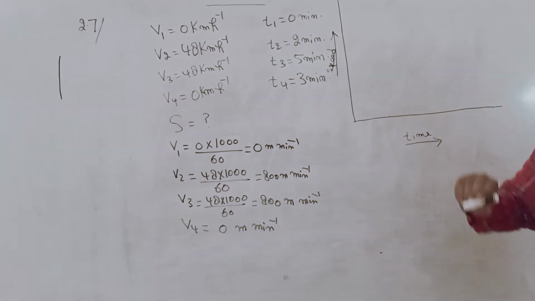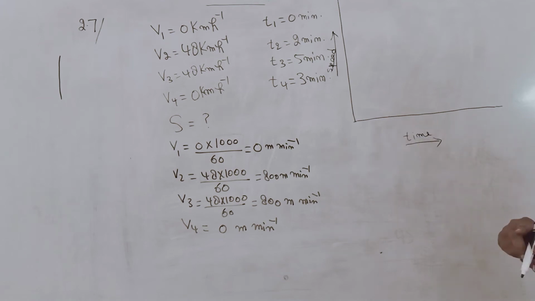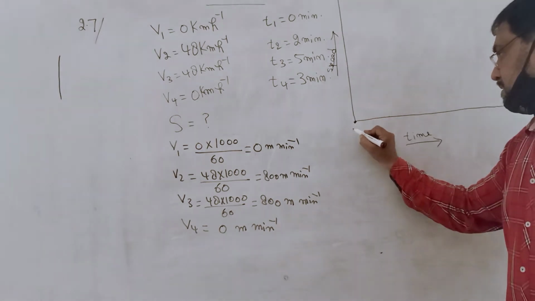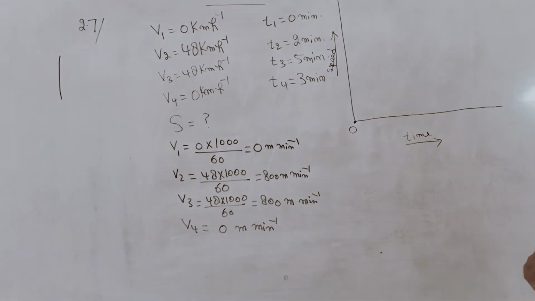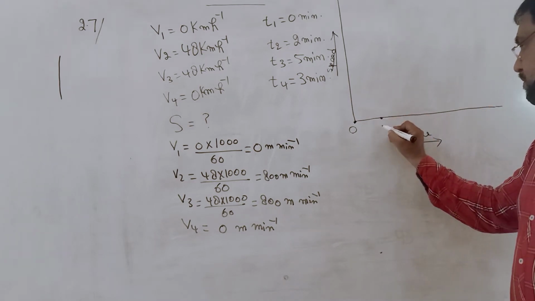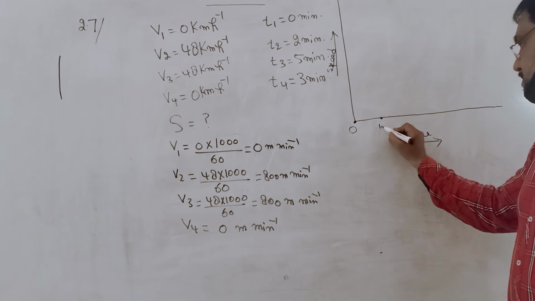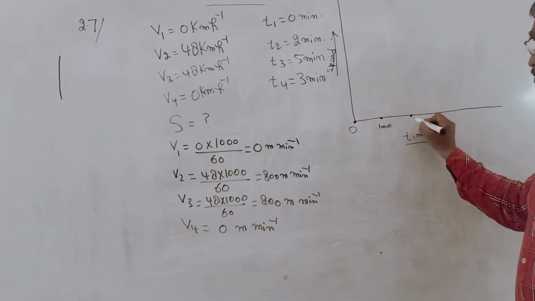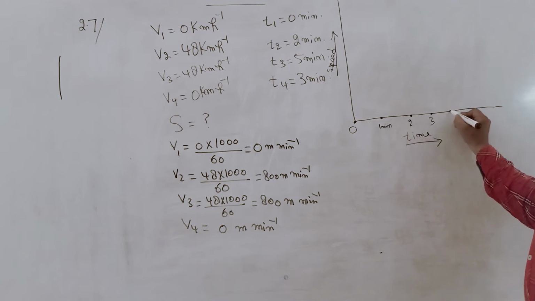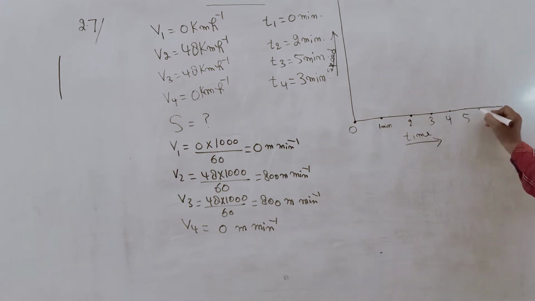Speed is along the y-axis and time is along the x-axis. Origin is 0. Along the x-axis: 1 minute, 2, 3, 4, 5, 6, 7, 8, 9 and 10.